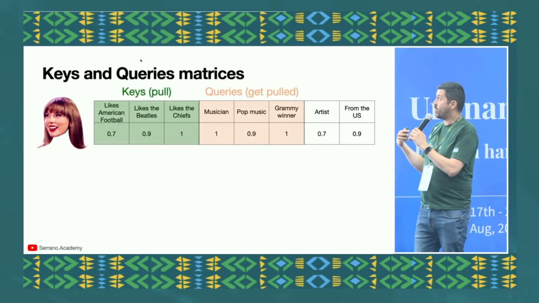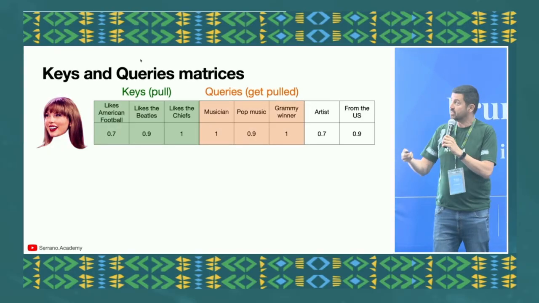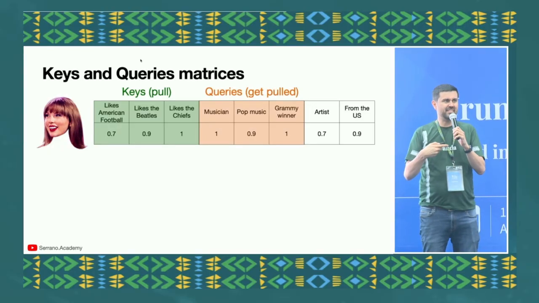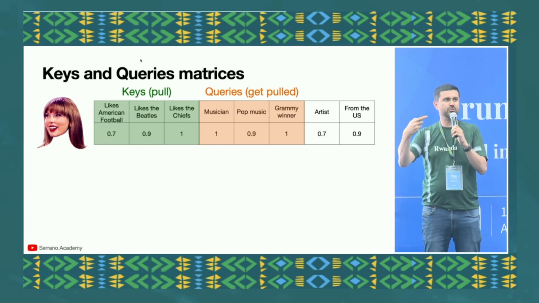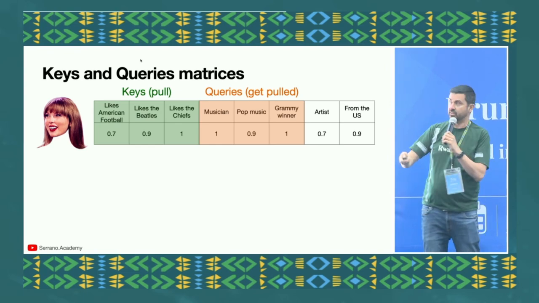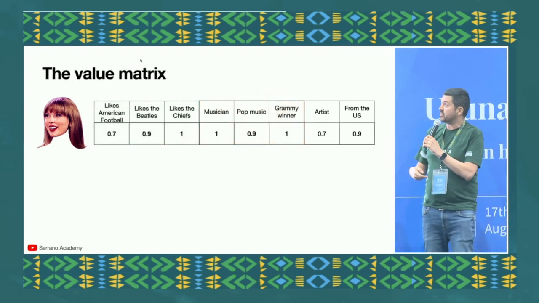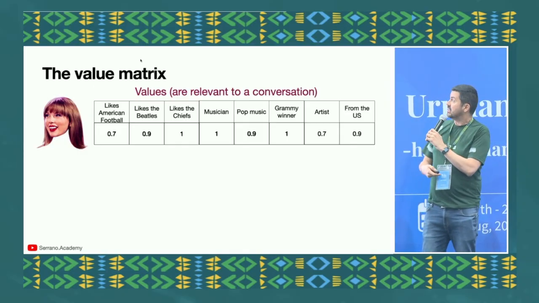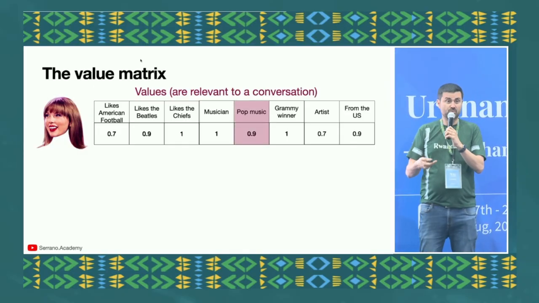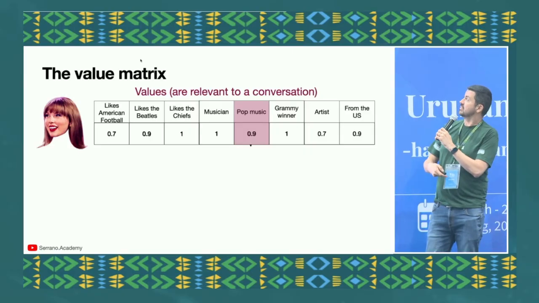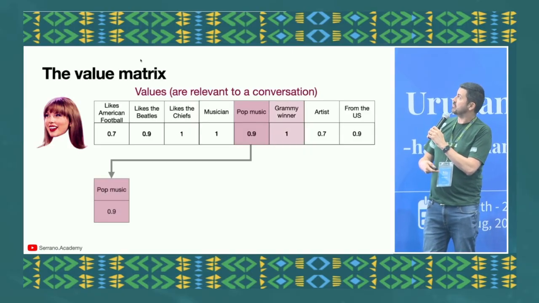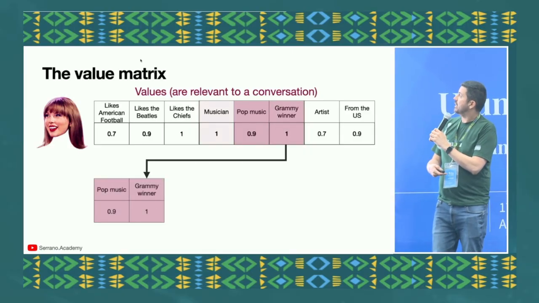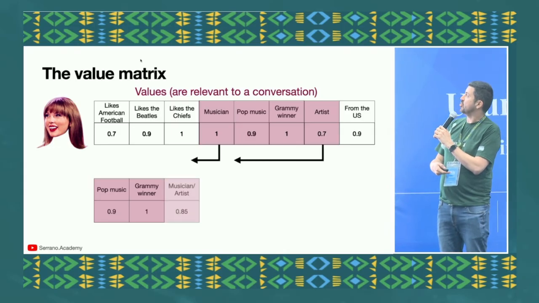Some of them are queries because they get pulled by other words. But those are not the ones used for talking, for coming up with the next word. So let's say there's a bunch of other ones, could be some repeated, some could be keys, could be queries, could be none, that are actually good for coming up with the next word. For example, pop music, Grammy winner, and let's say a combination of musician and artist.